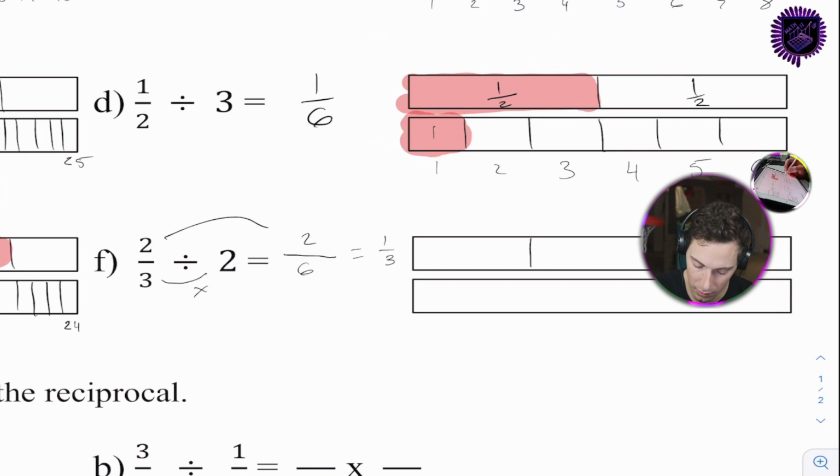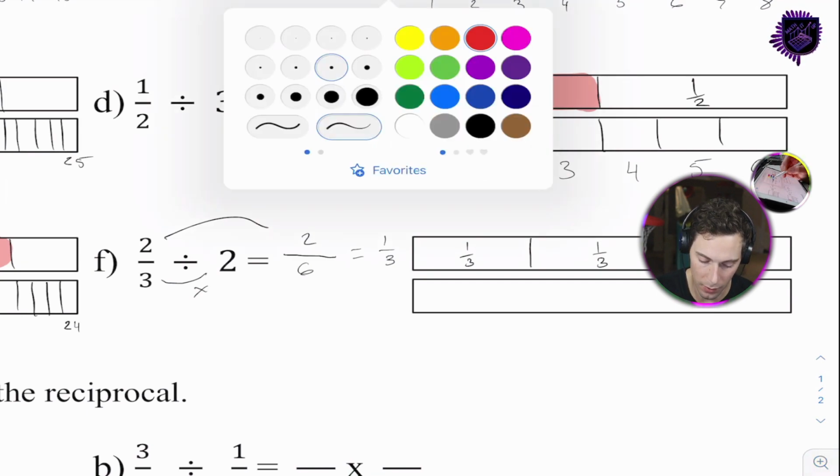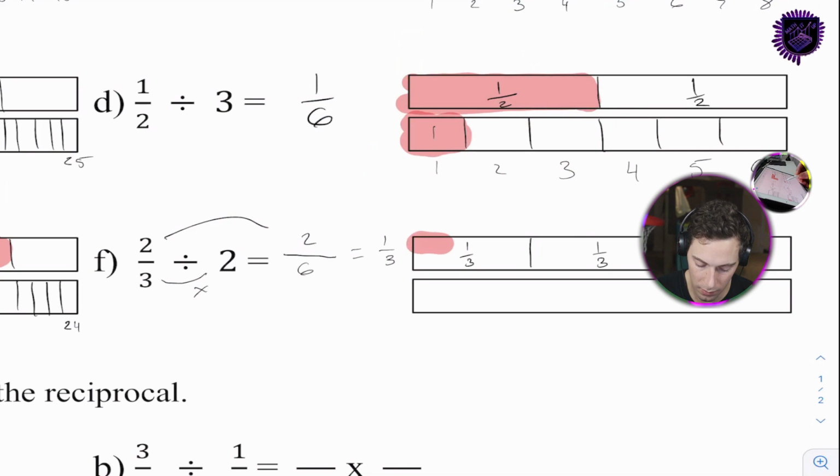So let's start off with breaking our top into thirds. 1, 2. 1/3, 1/3. And of that 1/3, we have 2/3 of that shape. Each one of these thirds, we're going to break up further into 2 pieces.